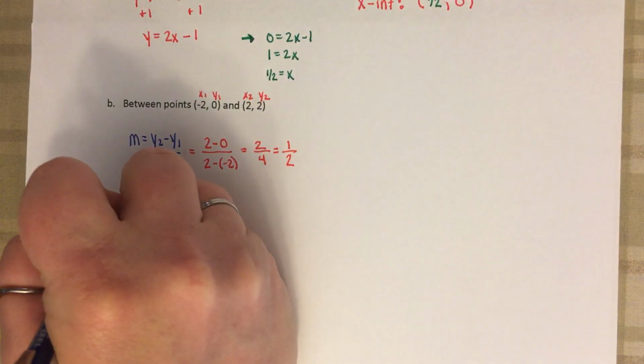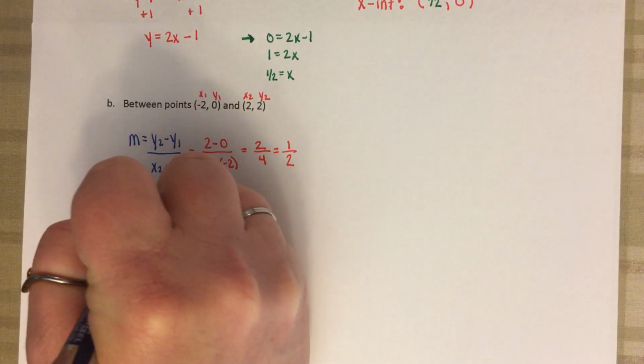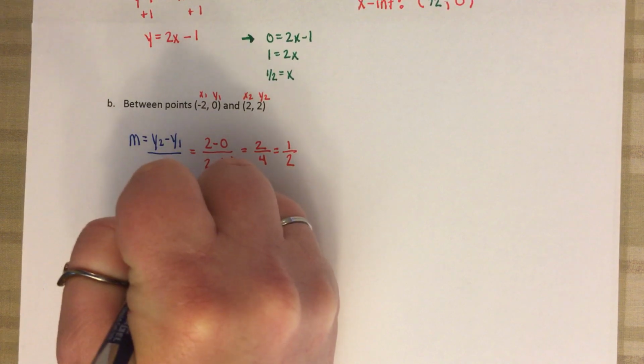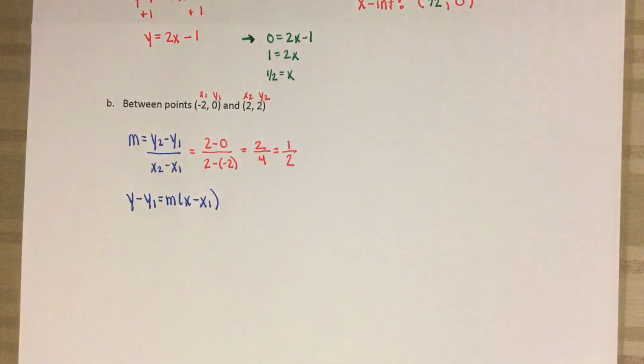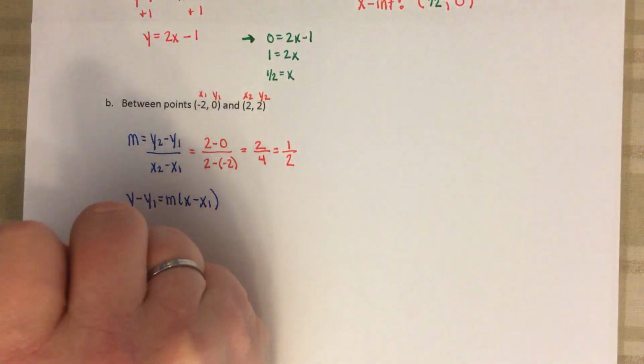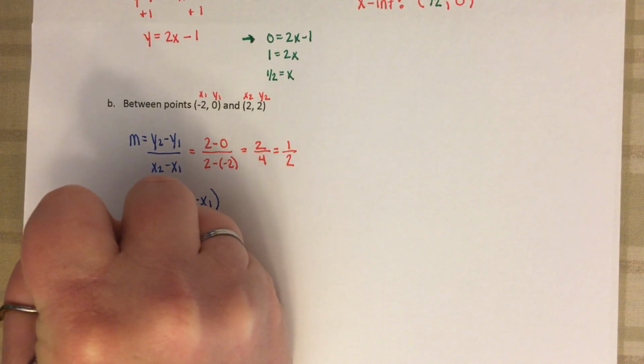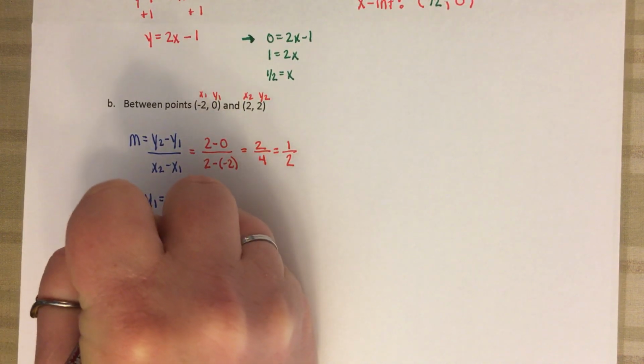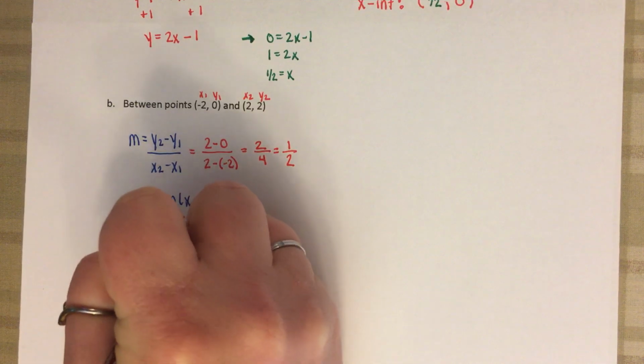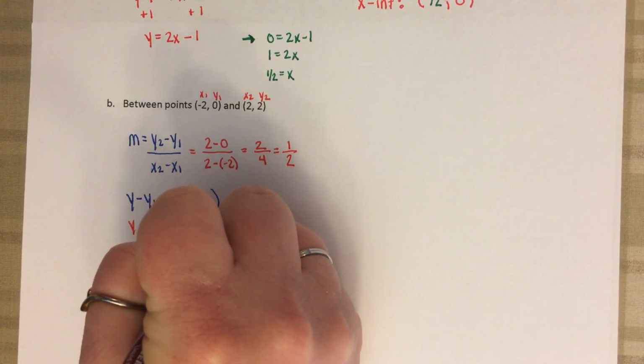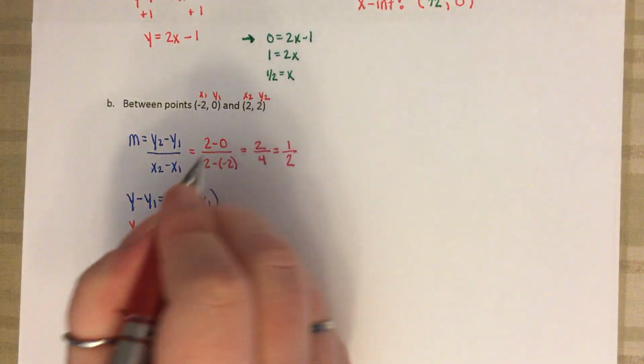Now we're going to use our point slope form. y minus y1 equals m times x minus x1. So y minus 0 equals 1/2 times x minus negative 2.